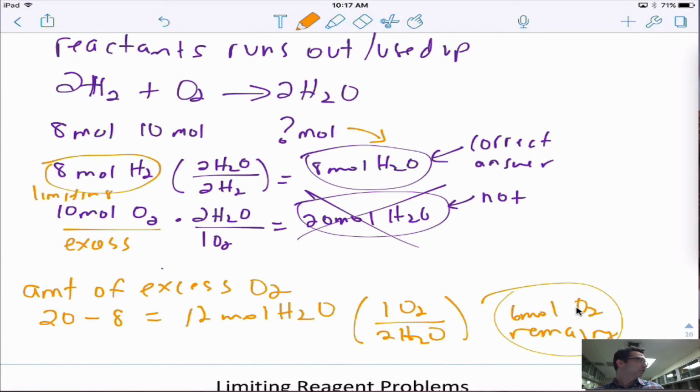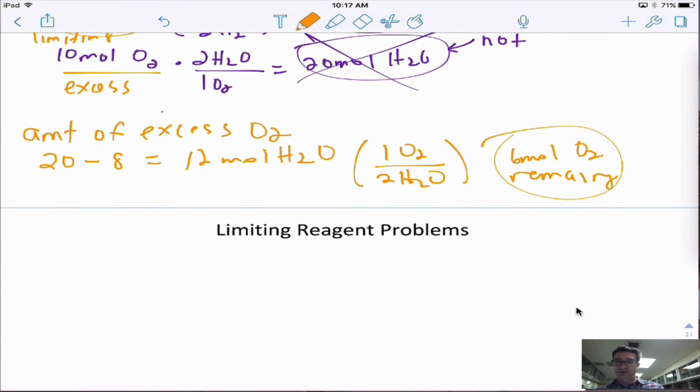Now, I don't have to give you moles. I could give you the grams of each one. And then you have to change it to moles and do it. So let me give you a practice problem to look at on your own, and we'll talk about it tomorrow. Let's say that you had N2 plus 3H2 yields 2NH3.